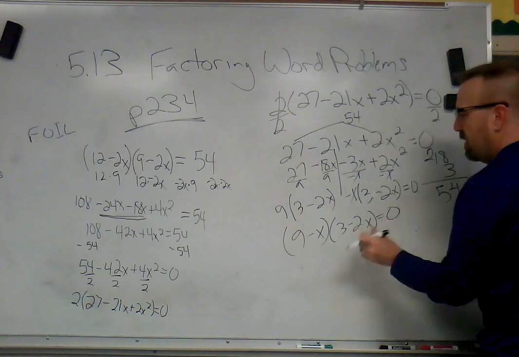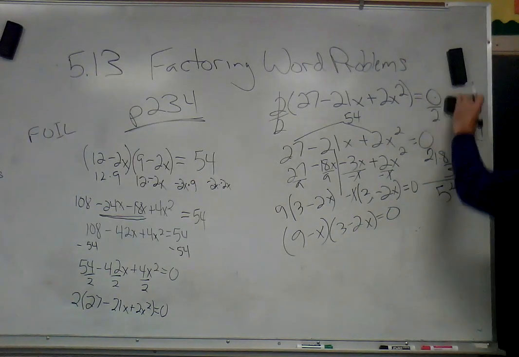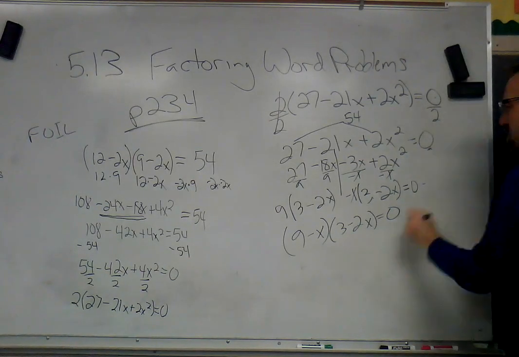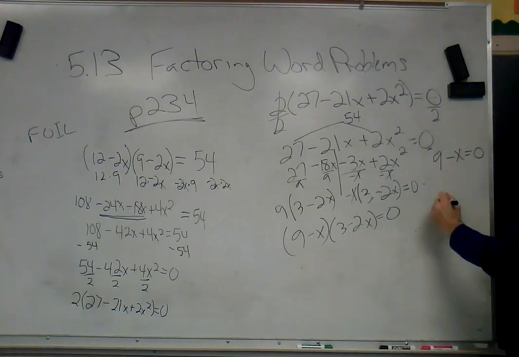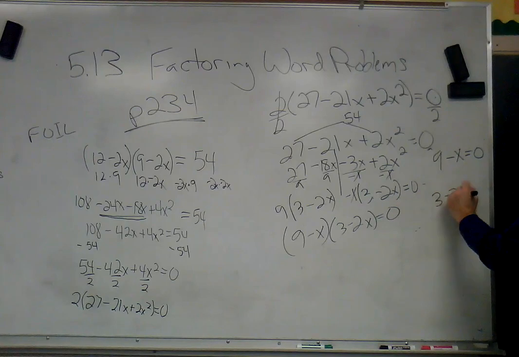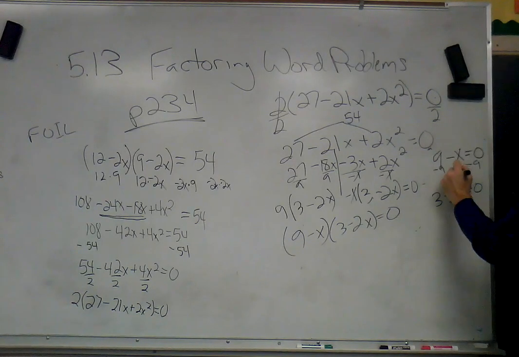Now what do we do with each factor? We set them equal to 0. So you have to solve for each. So we get 9 minus x equals 0 and 3 minus 2x equals 0. So if we do this, we subtract off 9, or this, well, it's fine.